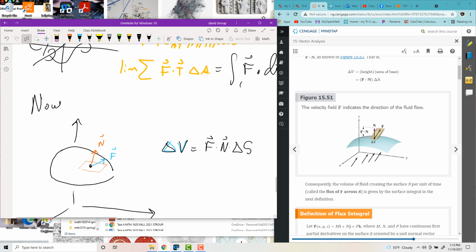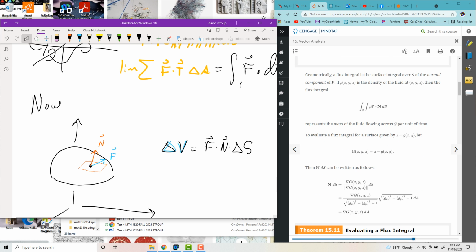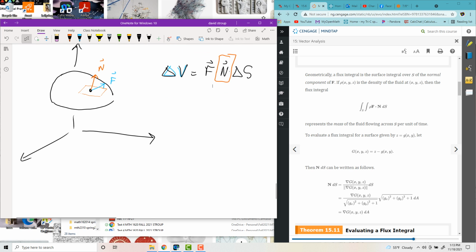From this, we're going to produce our new formula, and in order to produce that formula, the hard part is this normal vector. We need to get a formula for that. We'll have a formula for everything else.